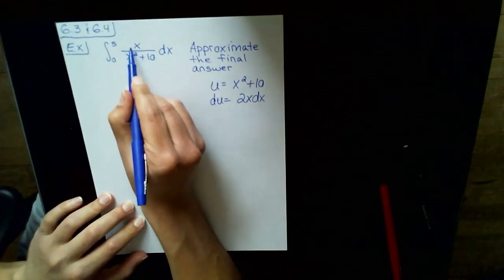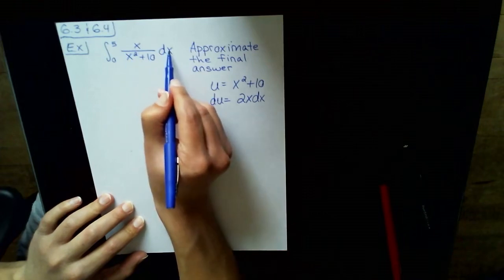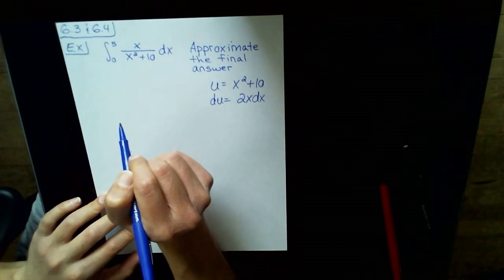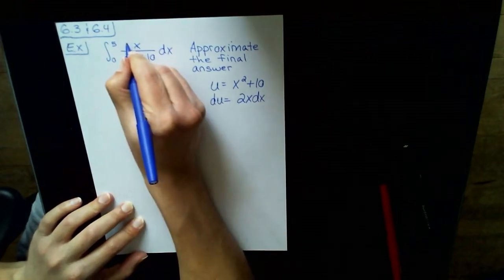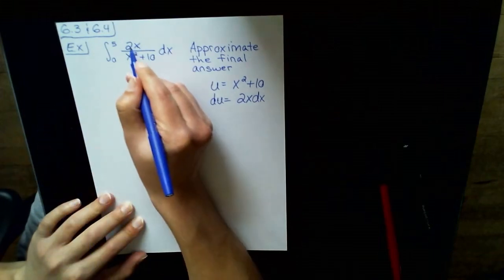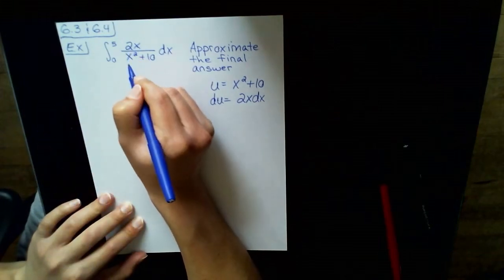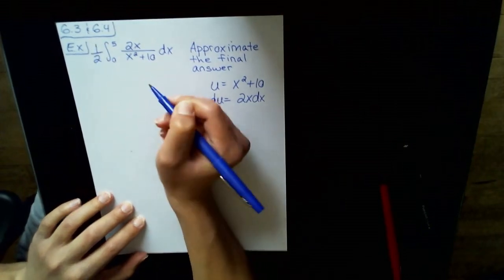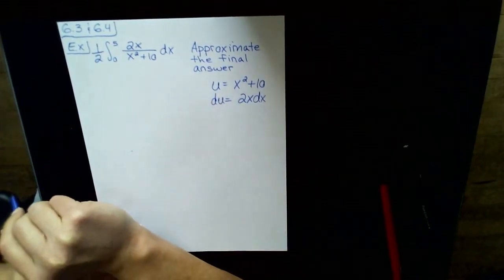We do not have 2x dx in the original problem. We only have x dx. So we have to multiply a 2 to the top of our fraction. And when we multiply it there, we have to multiply 1/2 to the outside.